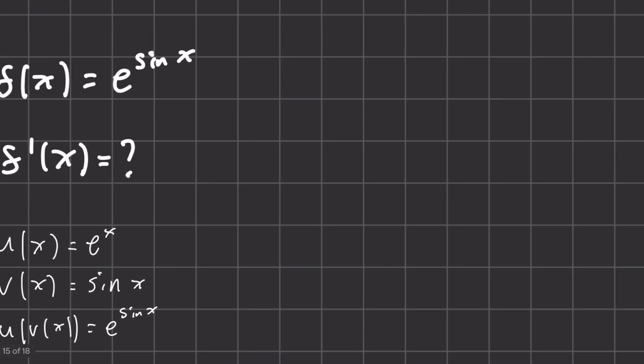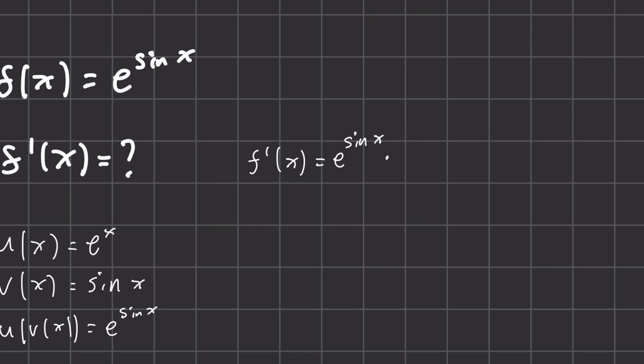And so let's just try to find the derivative of the whole thing, the derivative of f. So f prime of x is going to be equal to the derivative of e to the power of sine x. Well, e to the power of something is always the exact same thing.